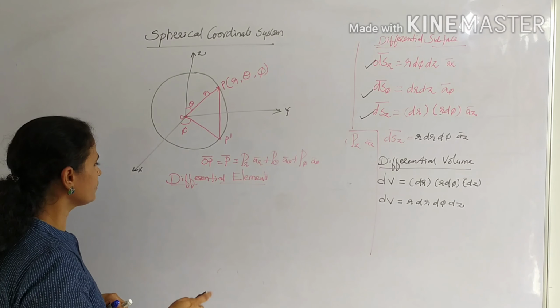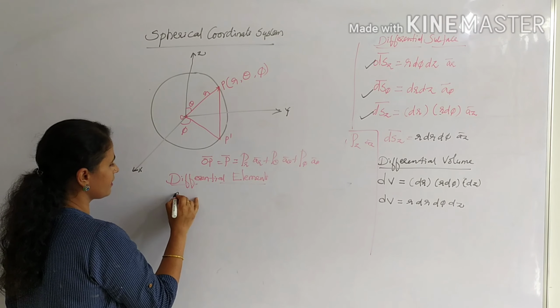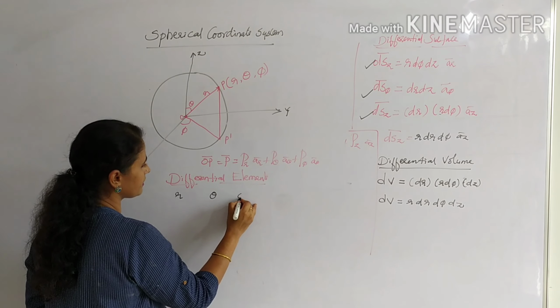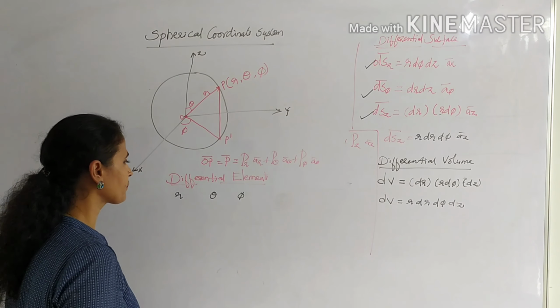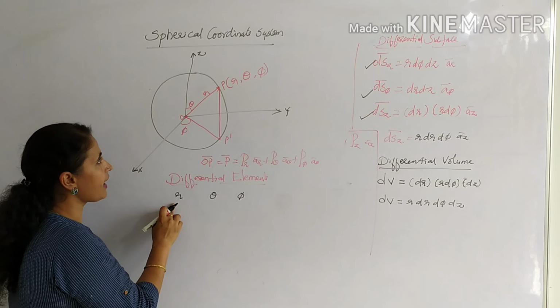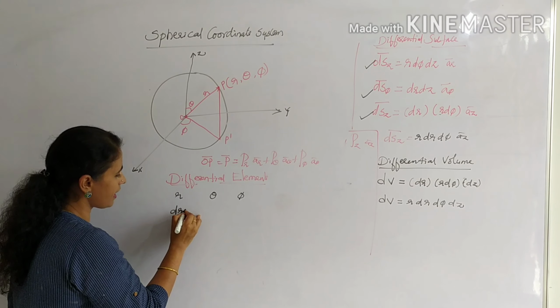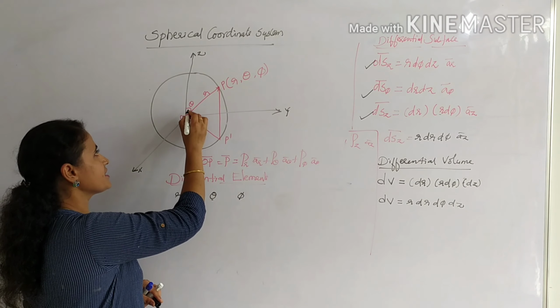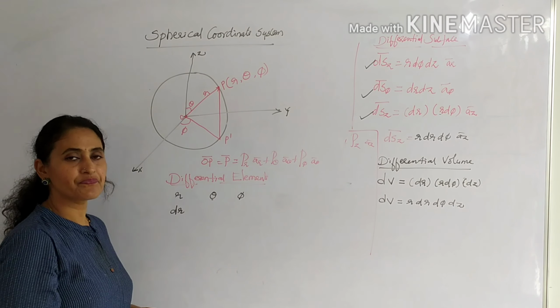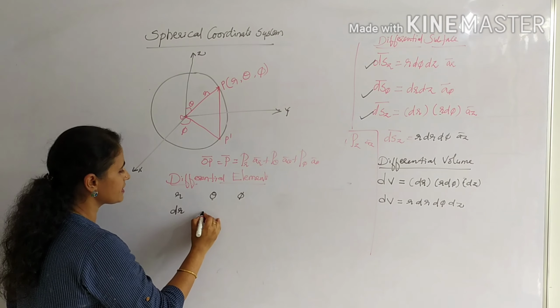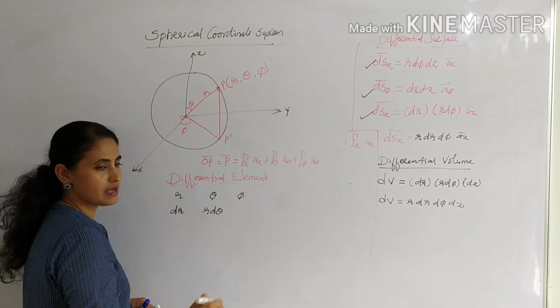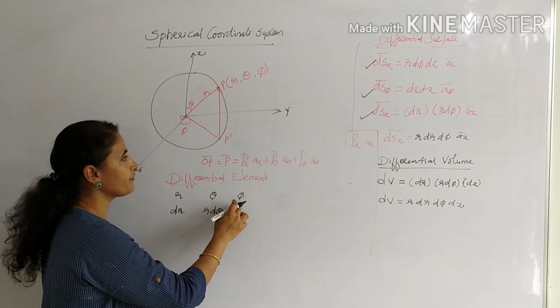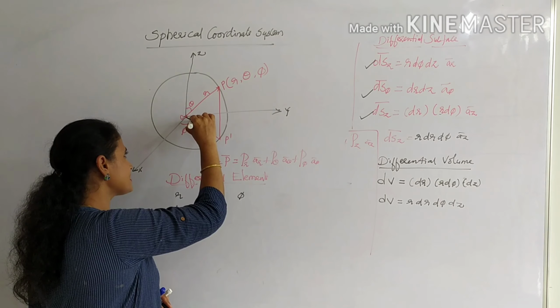So we have the three coordinates R, theta and phi. Differential change in R is dr only. Differential change in theta is with respect to R, so this is R d theta, and change in phi, d phi, is with respect to this line.